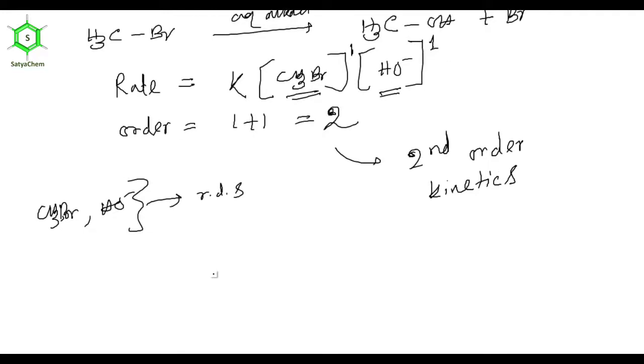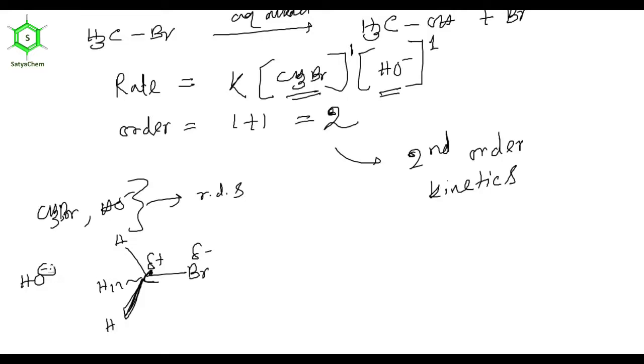Now, if I show you the mechanism: this is the representation of CH3Br and HO minus. Bromine is electronegative, so you need to put a delta positive charge on carbon and delta negative on bromine.